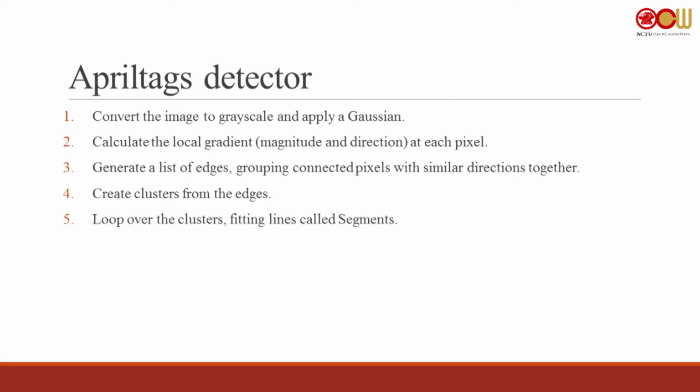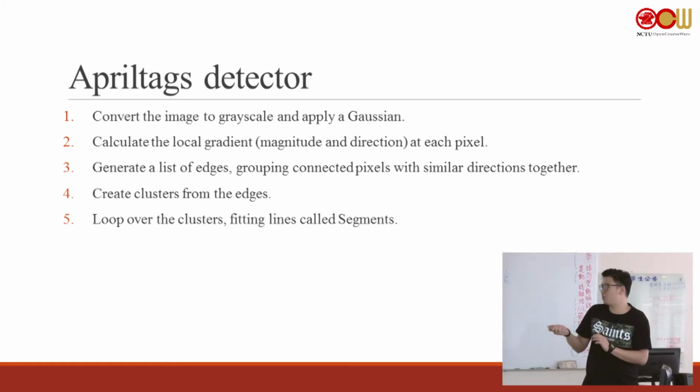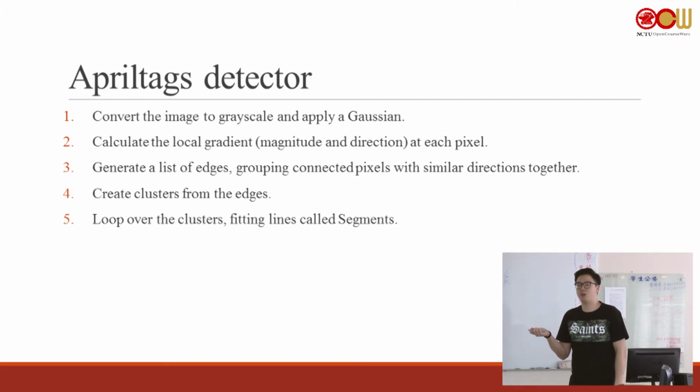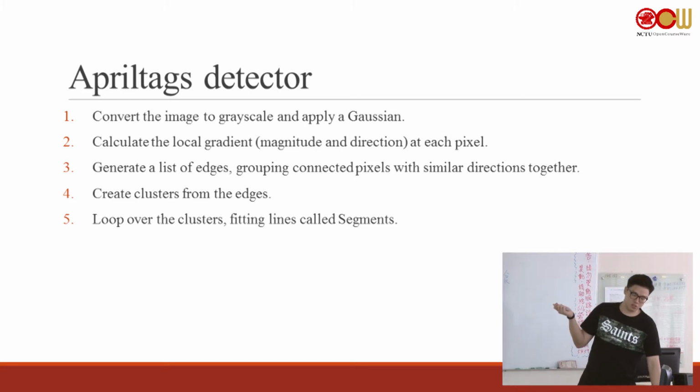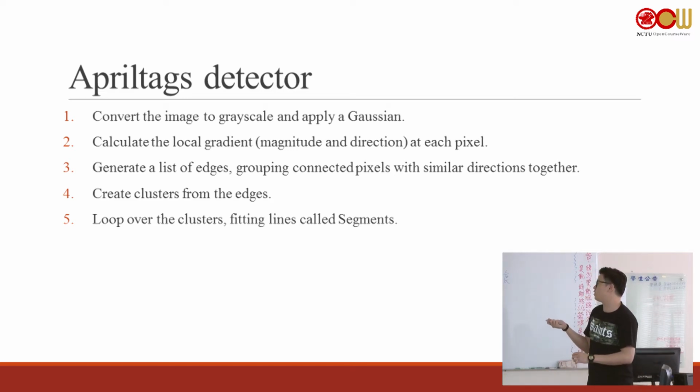Next thing, I'm going to explain how the AprilTag detector works. This AprilTag detector library is from the creator itself, which is awesome. There are 9 steps in AprilTag. First is pre-processing, as you know. Pre-processing converts it to grayscale. After that, apply a Gaussian filter to enhance the outline.